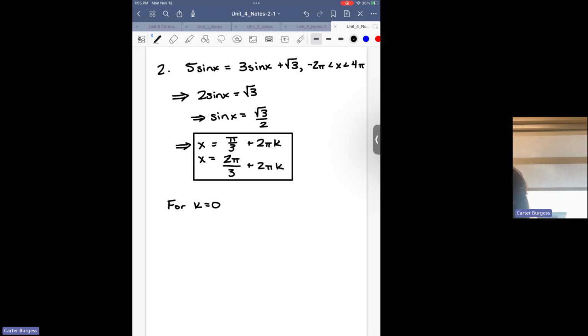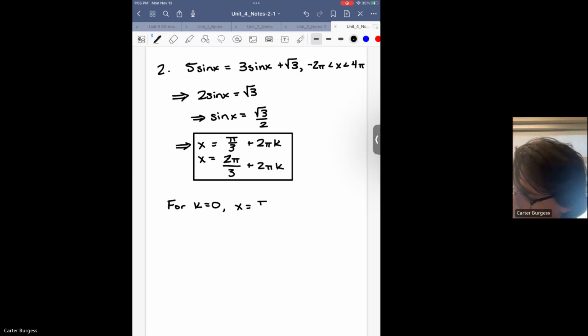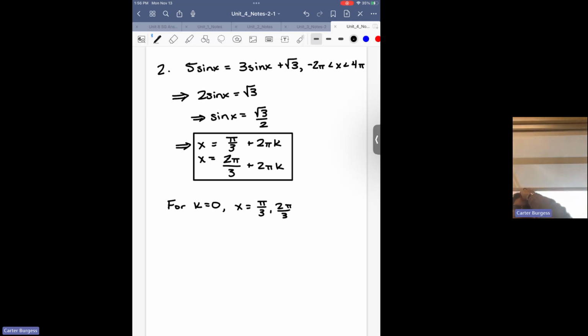So when k is equal to 0, when we have not rotated at all around our unit circle, what are our two values of x that we get? Pi over 3 and 2 pi over 3. And actually, I want to do something here. I should have done this before. We're going to find as we do this, pi over 3 and 2 pi over 3 are pretty easy to compare to negative 2 pi and 4 pi.